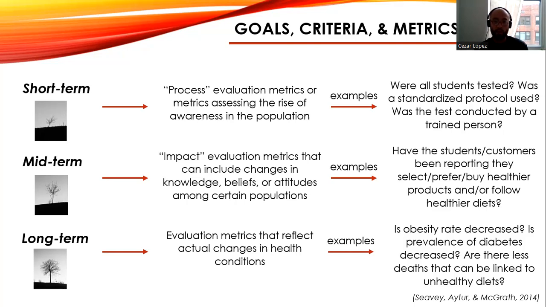For example, have the students or customers been reporting they select, prefer, or buy healthier products and or follow healthier diets? And long-term, evaluation metrics that reflect actual changes in health conditions. For example, did the obesity rate decrease? Has the prevalence of diabetes decreased? Are there fewer deaths that can be linked to unhealthy diet?